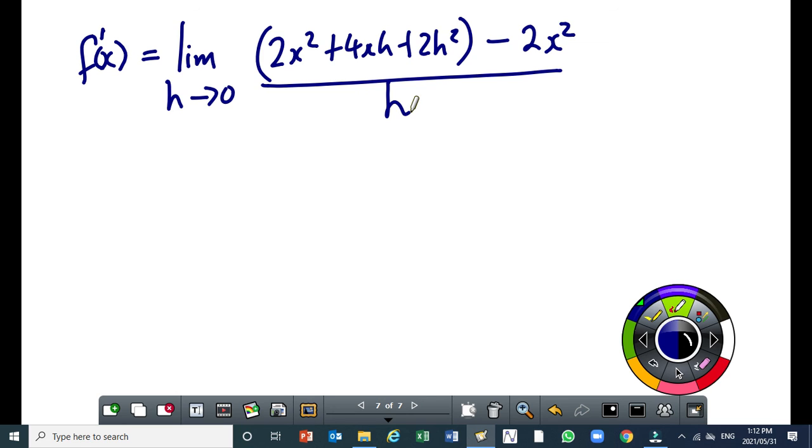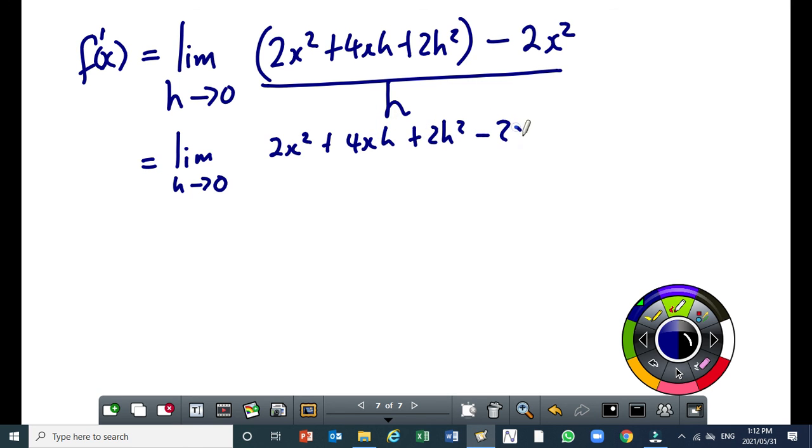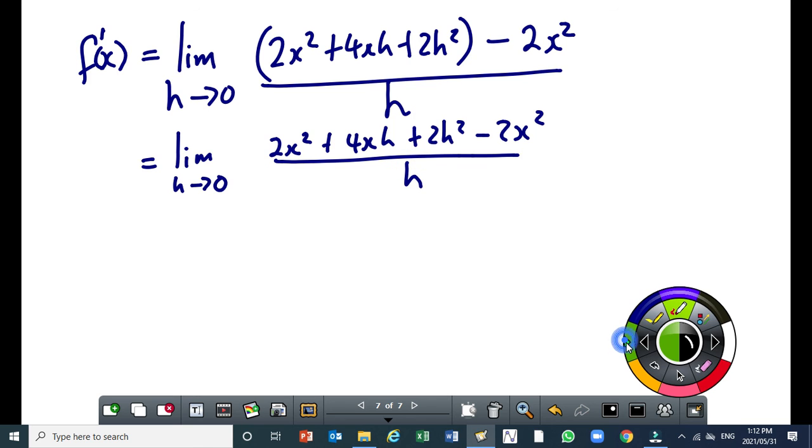Okay? Then I need to simplify that. I'm not going to substitute h equal to 0 as yet. I have to simplify. So this becomes the limit as h tends to 0 of 2x squared plus 4xh plus 2h squared minus 2x squared, all over h.